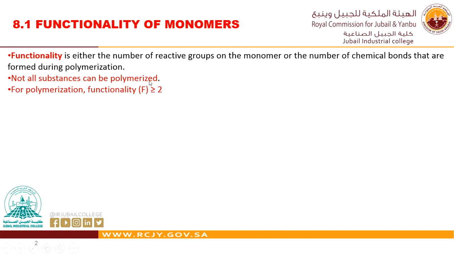For example, you remember when we talked about alkane in chapter 1, we said alkane cannot form polymers directly. We have to convert alkane to alkene, double bond, before we can do polymerization. And this is achieved in the industry through cracking. Now, for a monomer to be converted into a polymer, the functionality must be greater than or equal to 2.